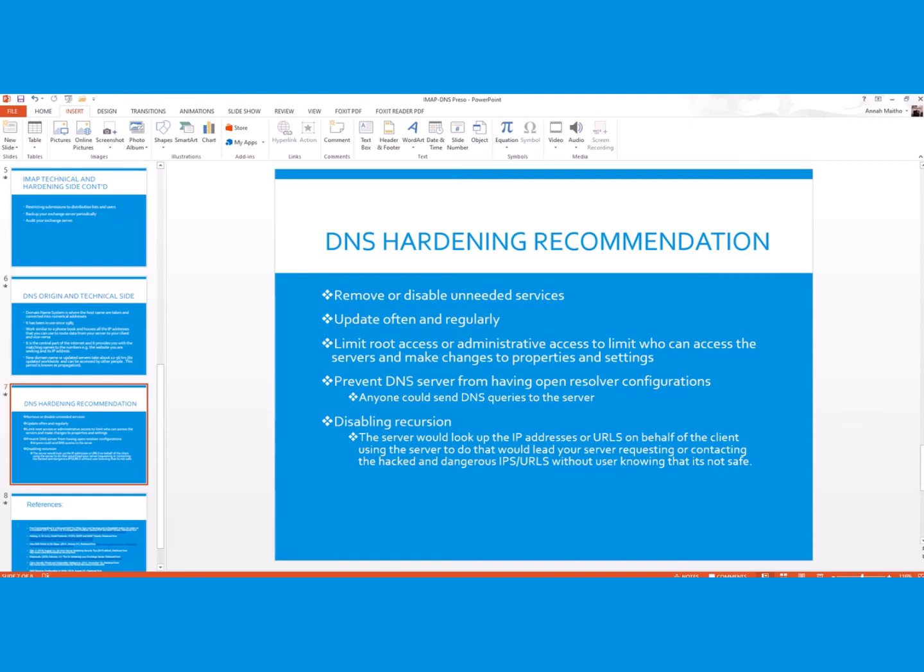Then disable recursion, which means the server will look up IP addresses or URLs on behalf of the client using the server, and to do that will lead to your server requesting or contacting the hacked and dangerous IPs or URLs without the user knowing, which is not safe.